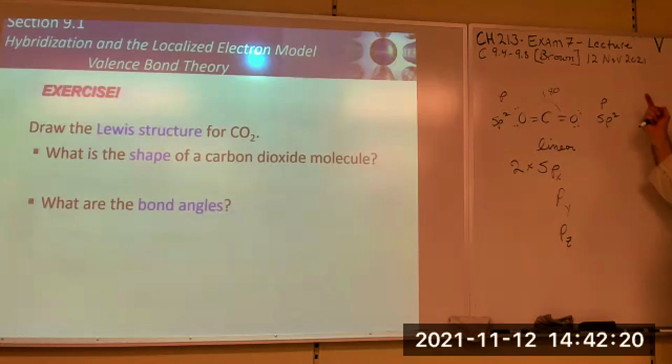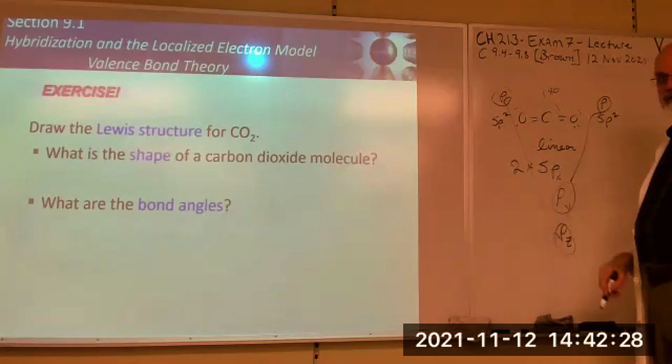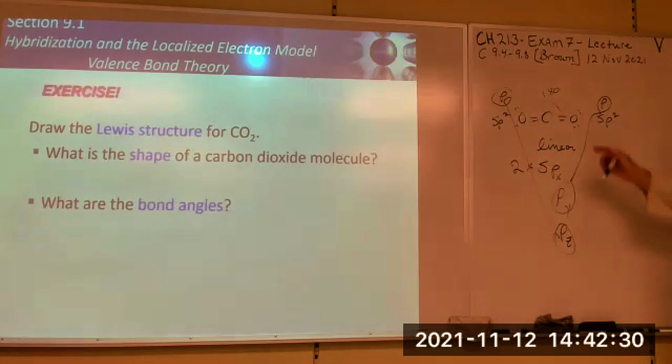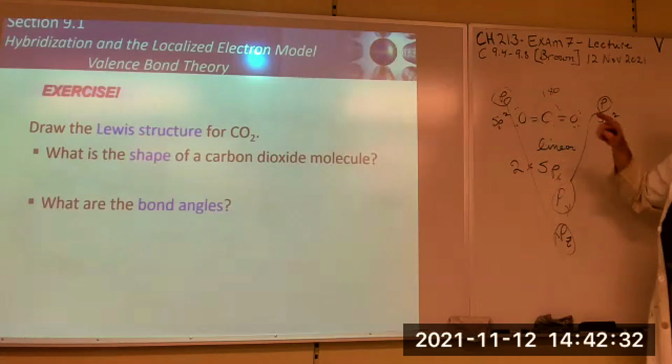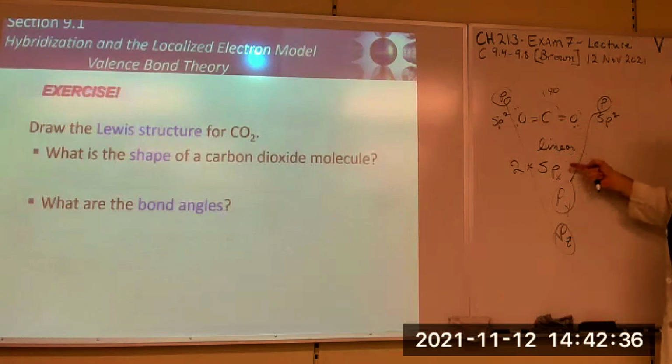This unused p overlaps with that unused p, and this unused p overlaps with that unused p to give you the pi bond on this side and the pi bond on that side. The sigmas are formed from these.